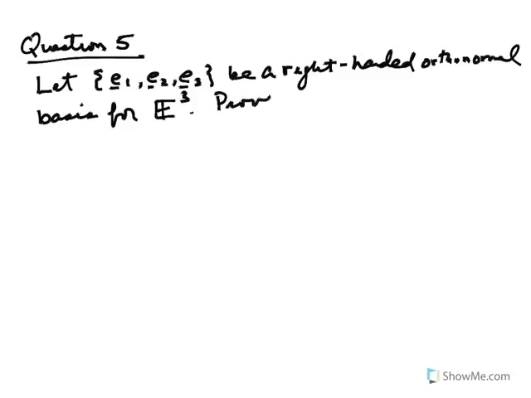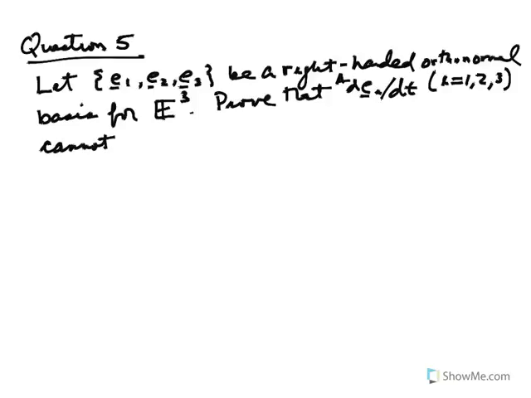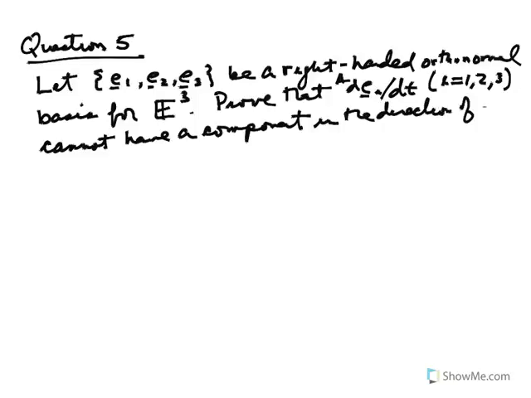Prove that dEI dt in A for I equals 1, 2, 3 cannot have a component in the direction of EI for I equals 1, 2, 3.